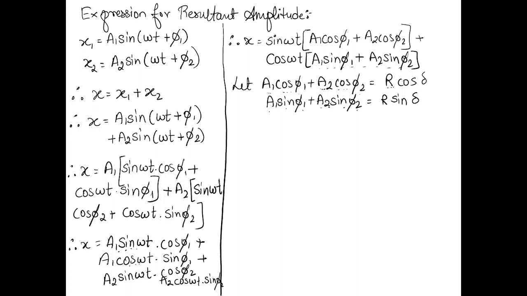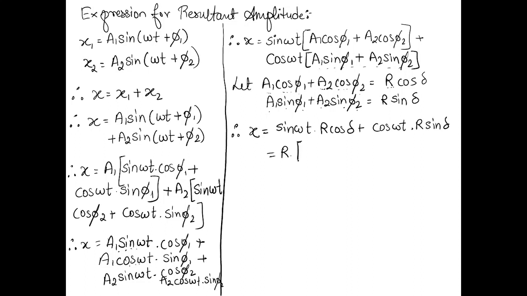Okay. So what is the value of x then? If you substitute the values, it will be sine omega t into R cos delta plus cos omega t into R sine delta.